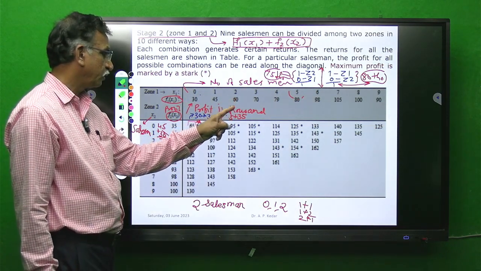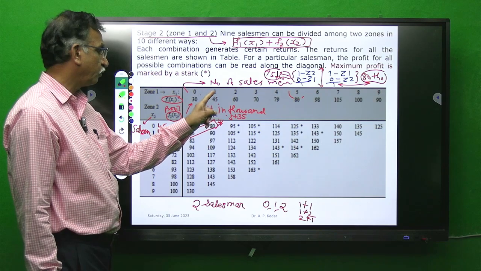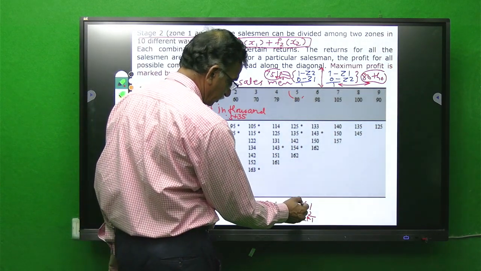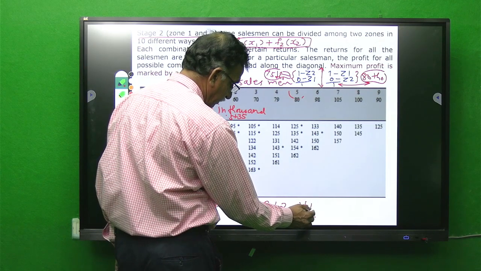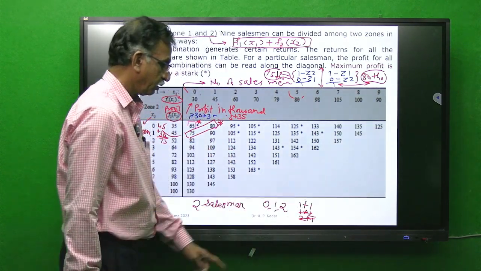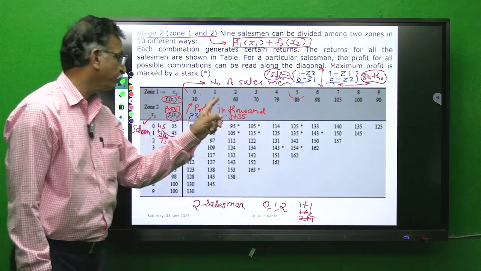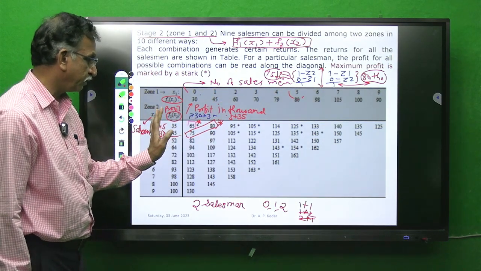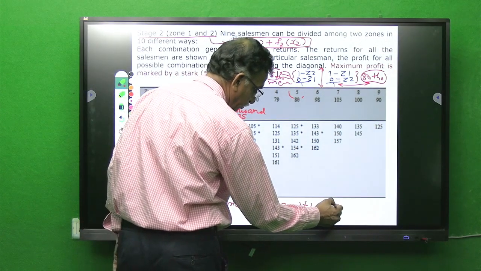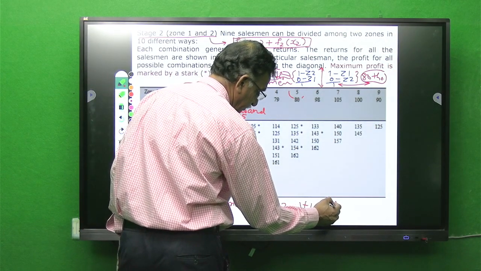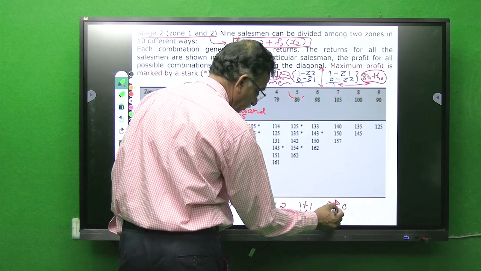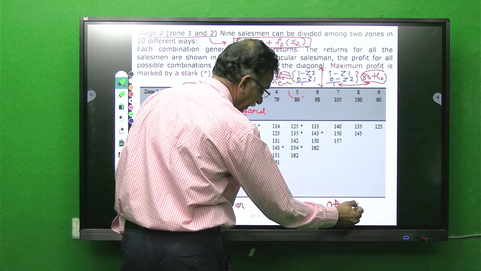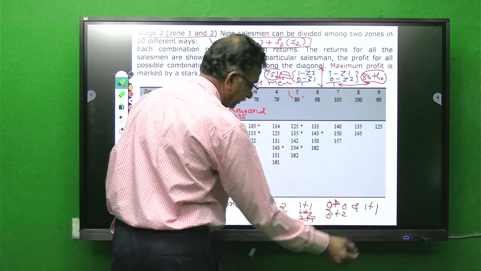If I take, instead of 2, we'll go for a 1-1 combination. This is 1 plus 1. Maximum we want 2. So 2 plus 0, 0 plus 2 and 1 plus 1.